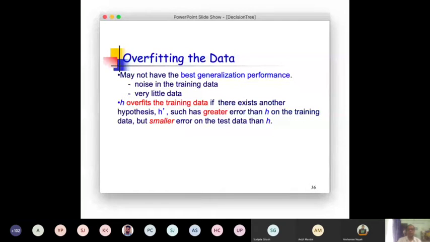H has a smaller training error than H prime. But if you consider the general test data, you will find that H prime has a lower generalization error than H. That is the case of overfitting. That means H overfits the data, because there exists another hypothesis which, though it has higher training error, has lower generalization error.